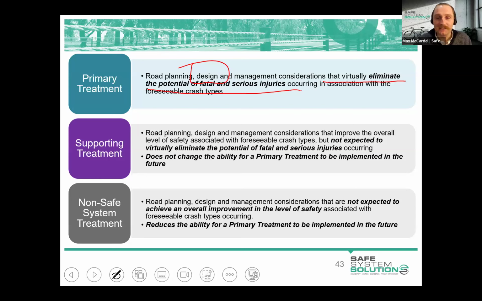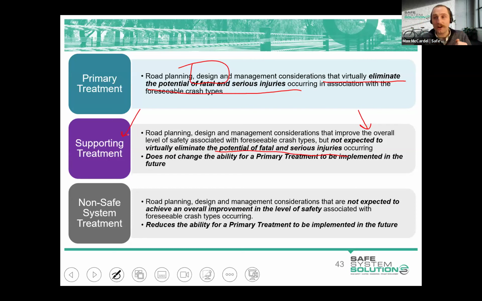Supporting treatments will improve the overall level of safety associated, but are not expected to virtually eliminate the potential of FSI crashes. So a perfect example of this, a supporting treatment could be our traffic signals, because we know traffic signals, say it's an uncontrolled stop sign currently.